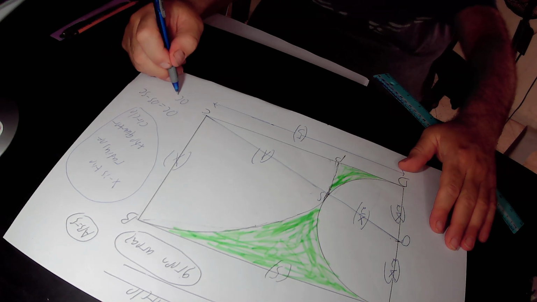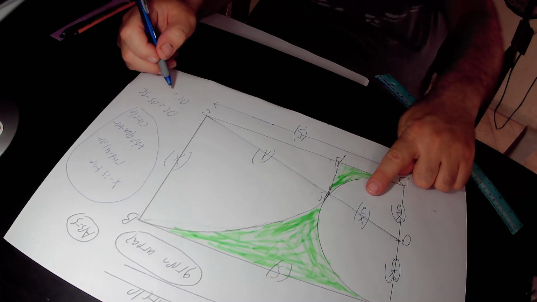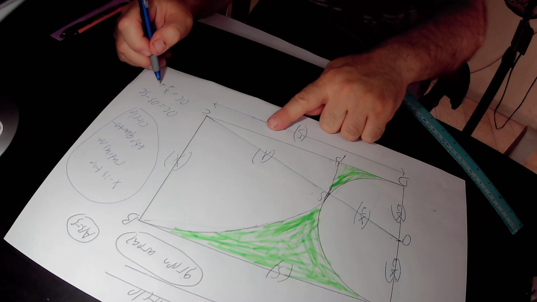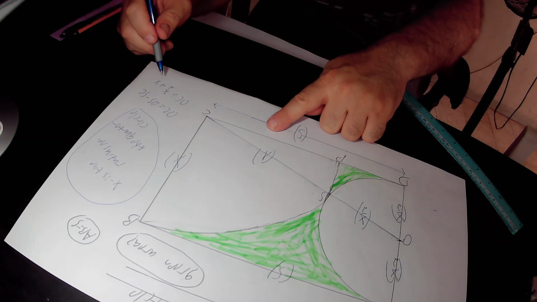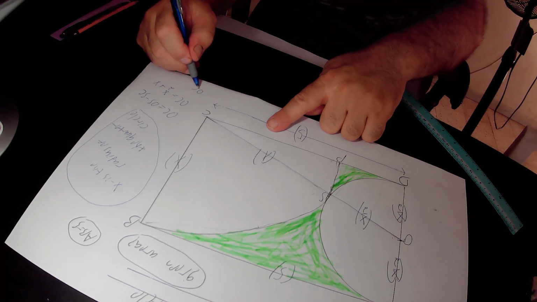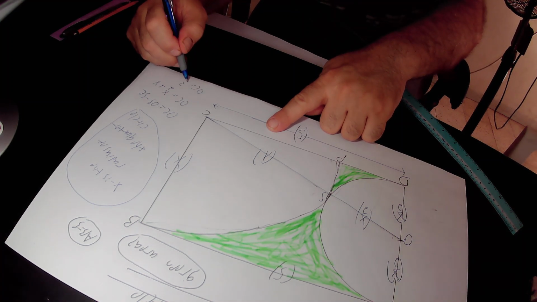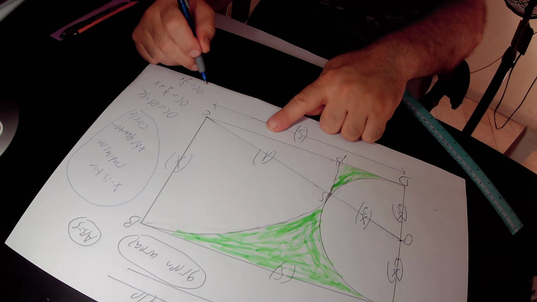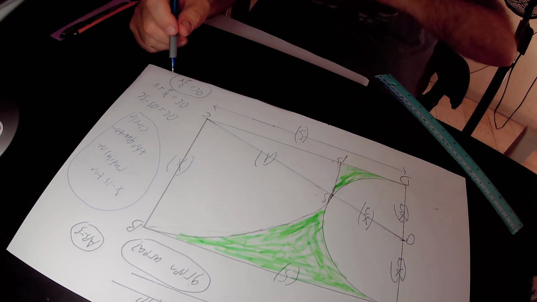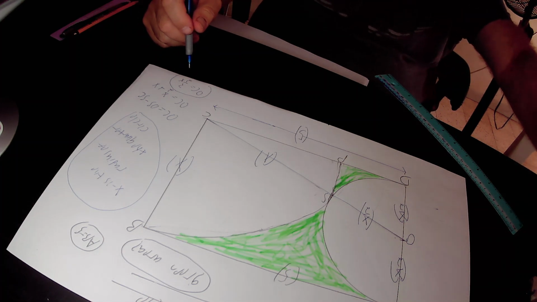So OC equals OS, that is x over 2, plus SC, that is x. In total, OC equals x over 2 plus x, so OC equals 3 over 2 x, or 1.5x. We found that OC equals 1.5x units in length.